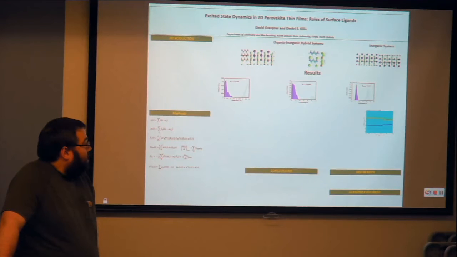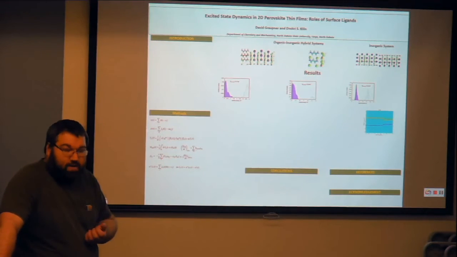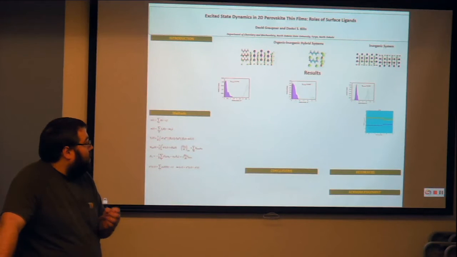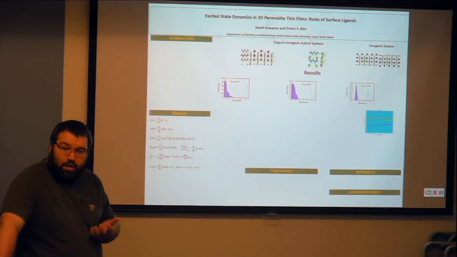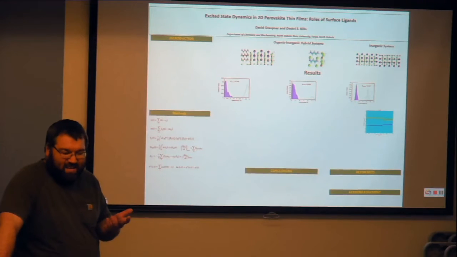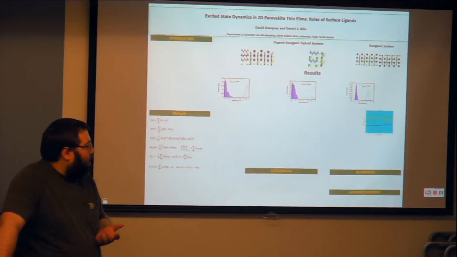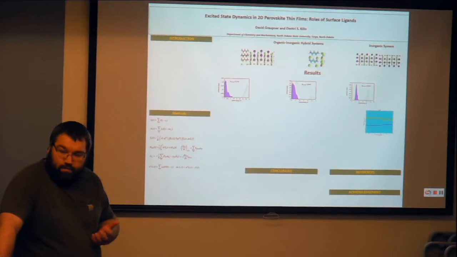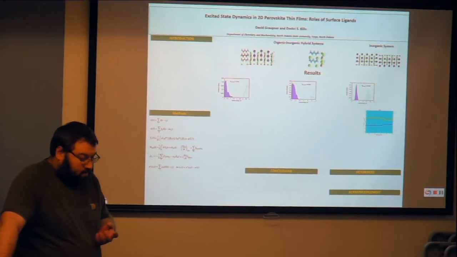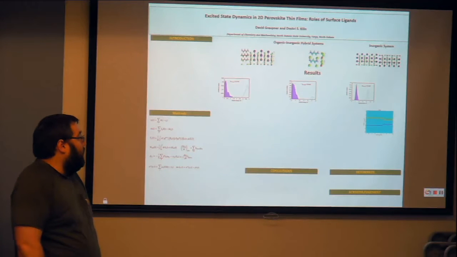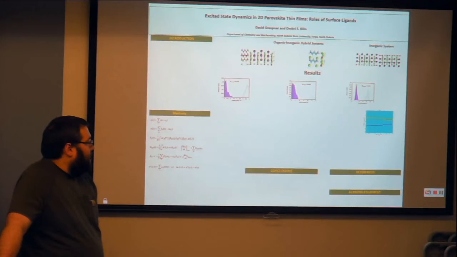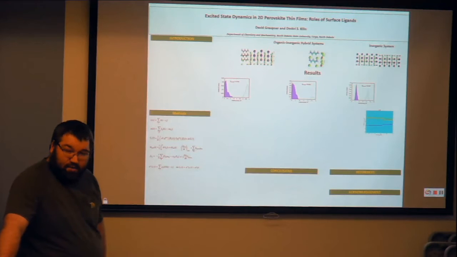The reason that we're looking at these is that perovskites have good photovoltaic properties, such as charge transfer, but they have relatively low stability, and the organic-inorganic systems have the ability to offset the stability issue compared to the 3D bulk systems.